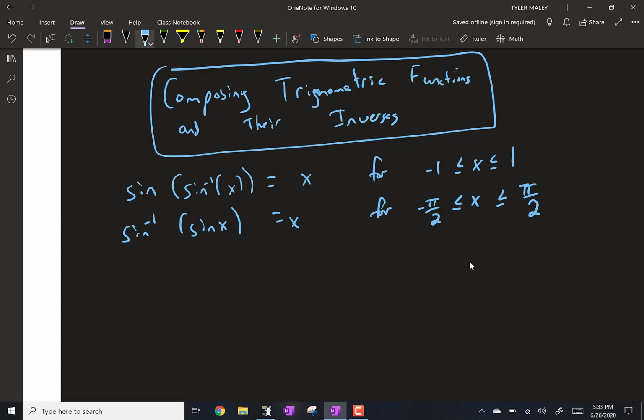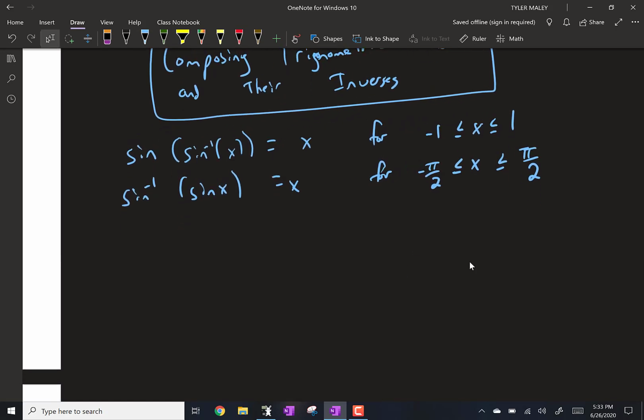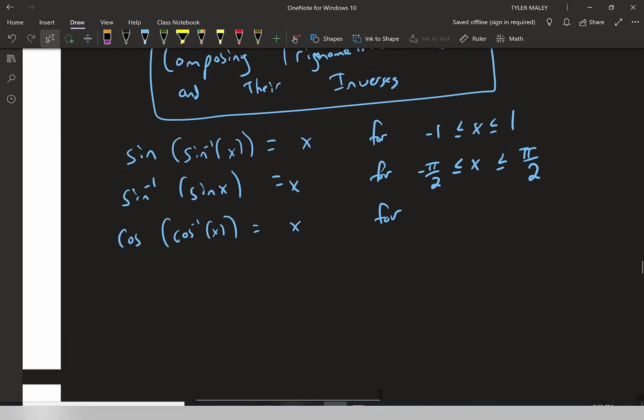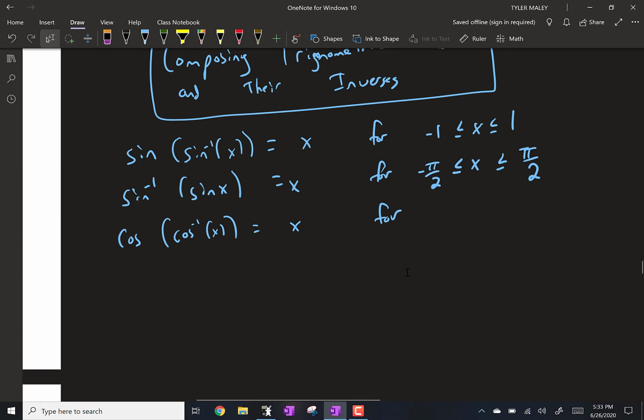Similarly, cosine of inverse cosine of x is equal to x for x between -1 and 1. And inverse cosine of cosine x is equal to x.